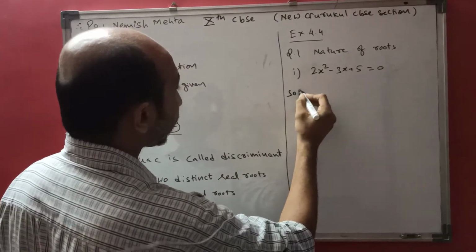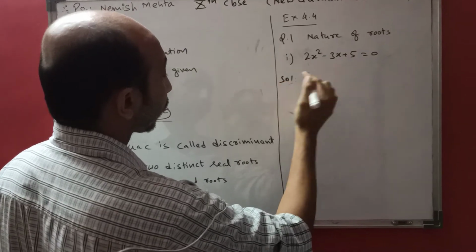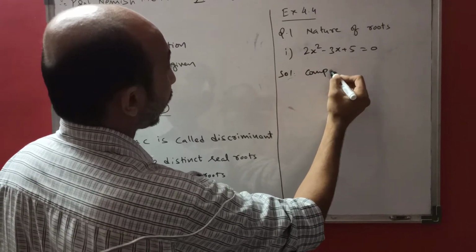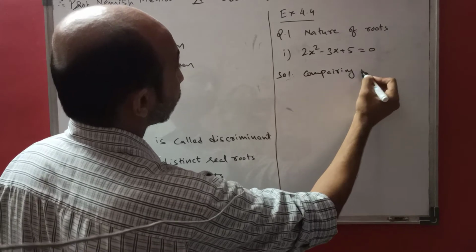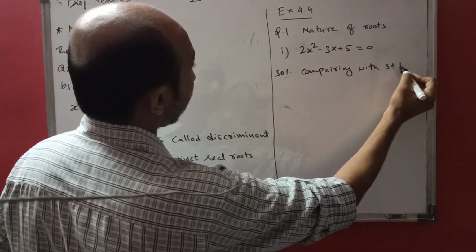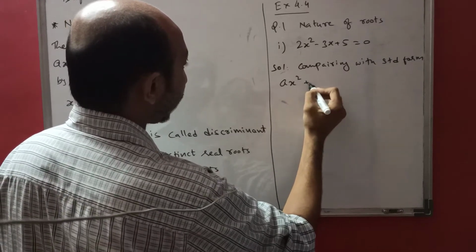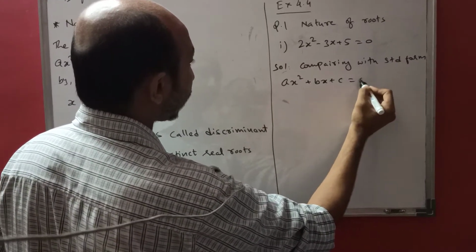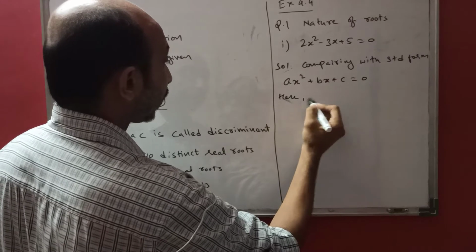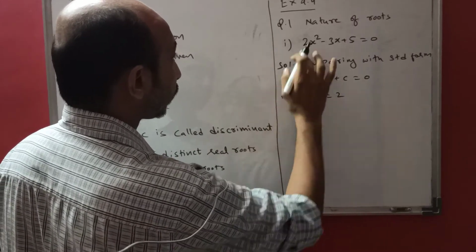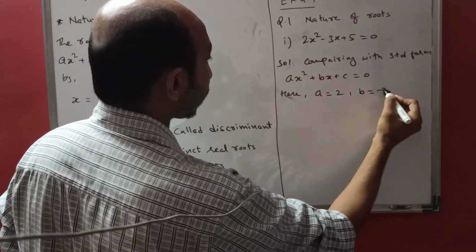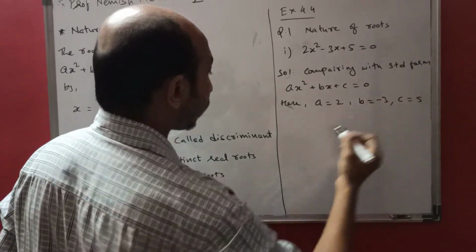Here, comparing with standard form, ax square plus bx plus c equals to 0. Here, a equals to 2, b equals to minus 3, c equals to 5.